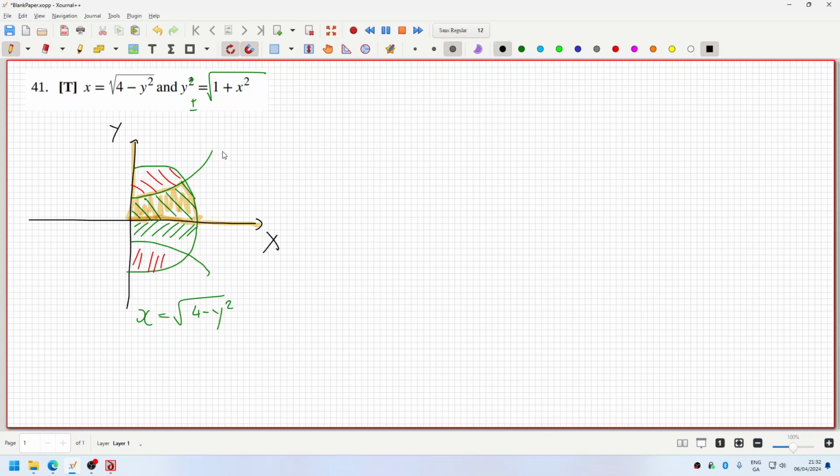So this one here is y equals root 1 plus x squared, that piece there. And then this piece here, that can be from the circle equation, y equals root 4 minus x squared.